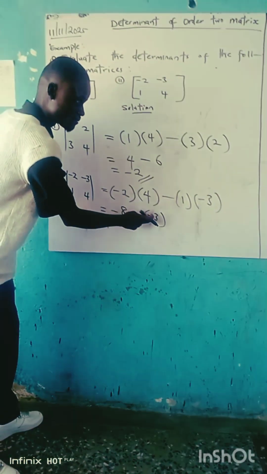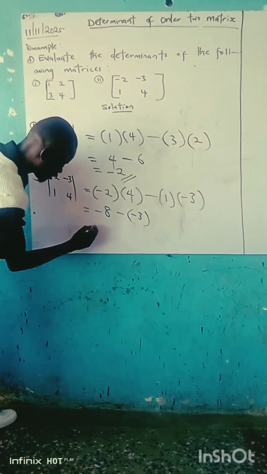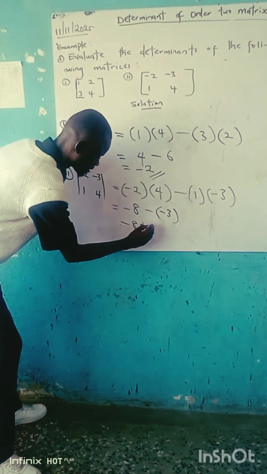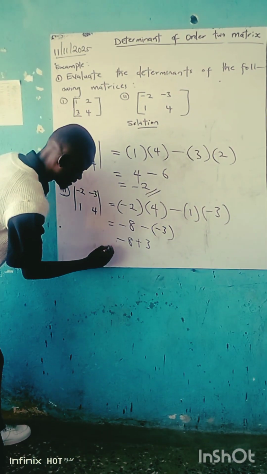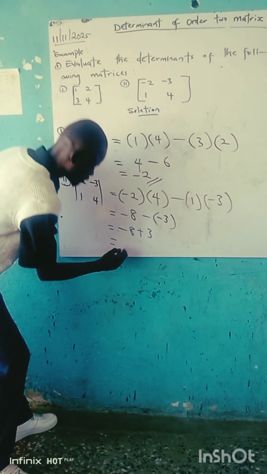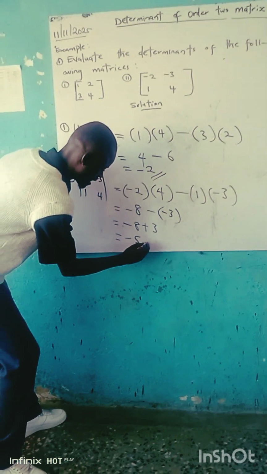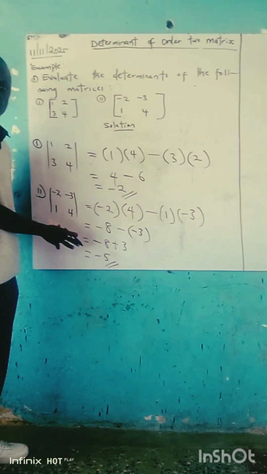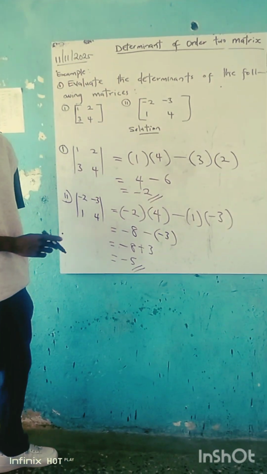But minus times minus is plus. That simply means we have minus 8 plus 3, which is equal to minus 5. And that is your answer for the determinant of this second matrix.